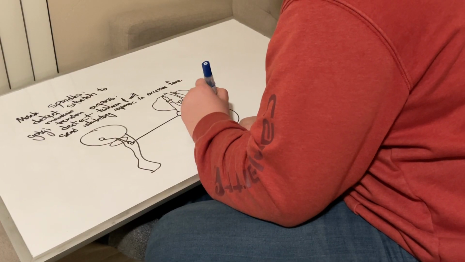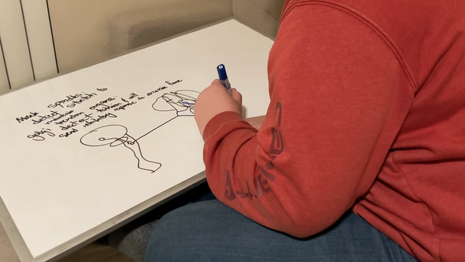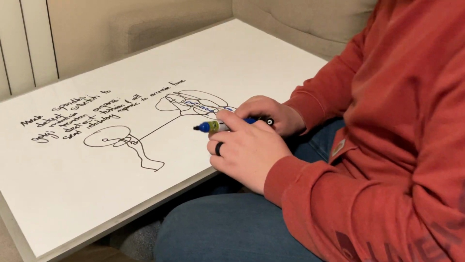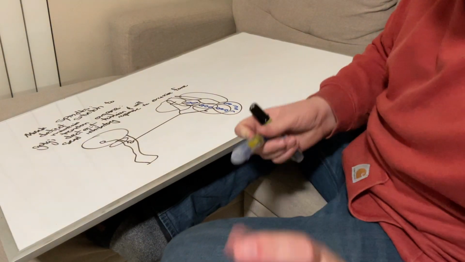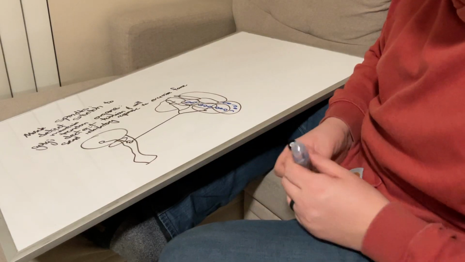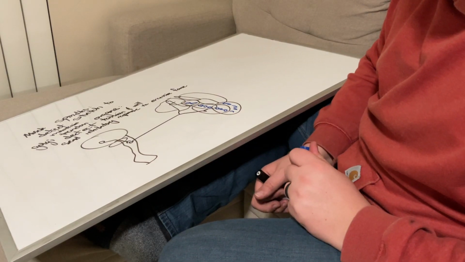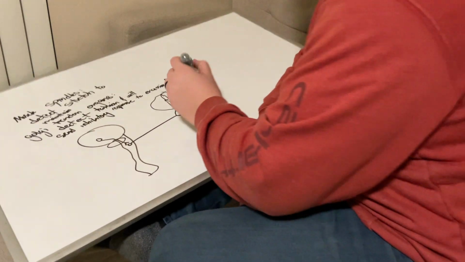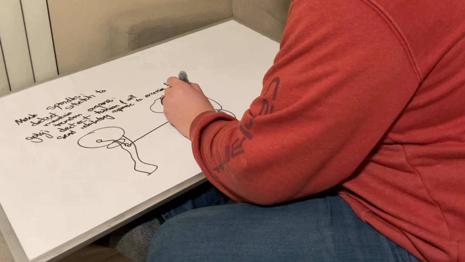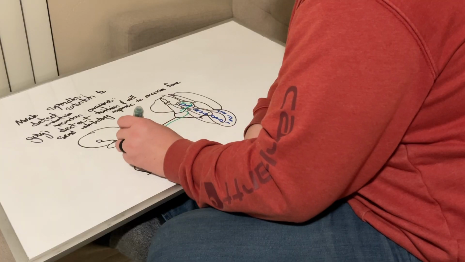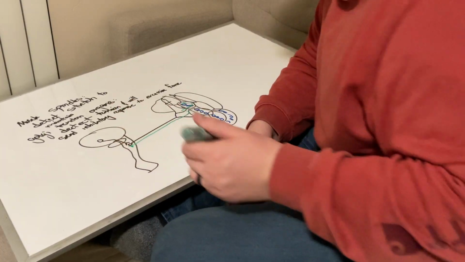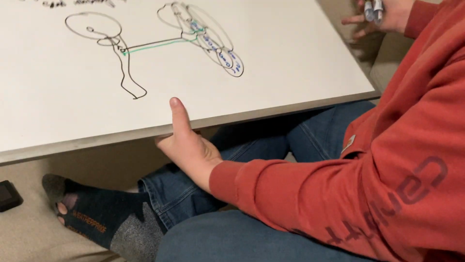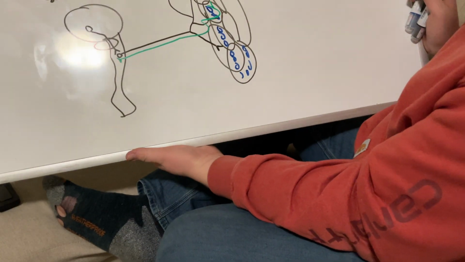Because running along with the motor neuron, we also have sensory neurons that will go from the muscle cell back up to the brain. So there, and I'll go back to where we're synapsing. There in green, we have our sensory.